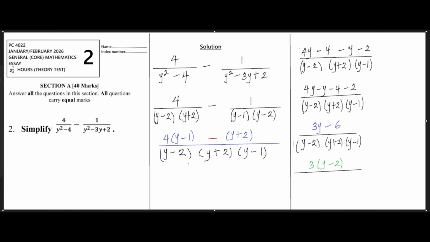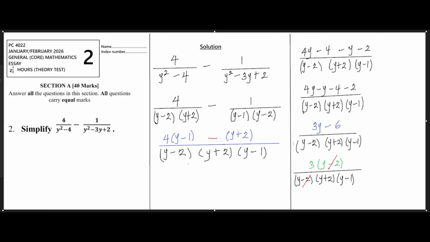And the LCM is y minus 2 multiplying y plus 2 multiplying y minus 1. So we could see that y minus 2 and then y minus 2 can cancel out.